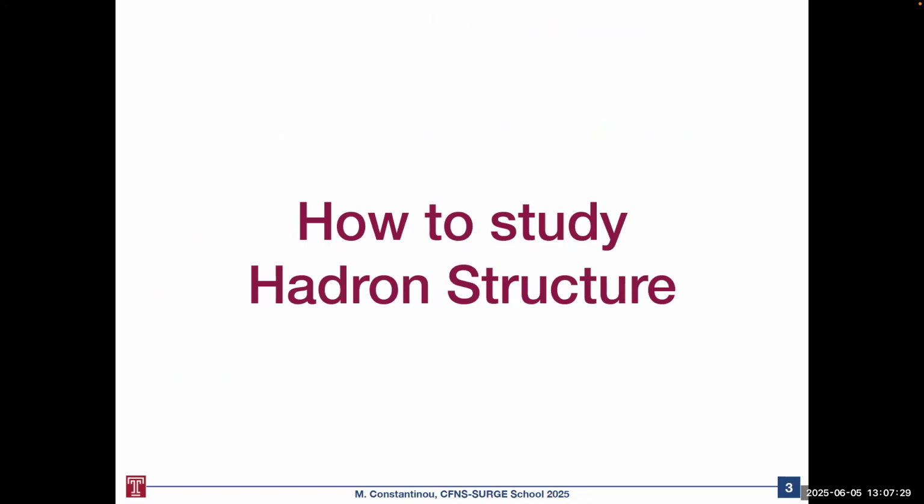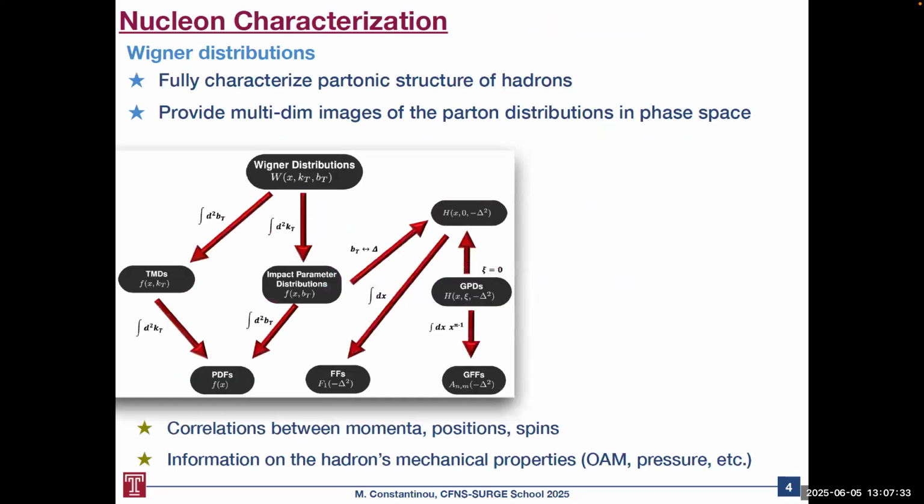Okay, so how do we study hadron structure? I want to extend where I left last time with the diagrams. From the physics side, also Yoshitaka talked about distribution functions, PDFs, GPDs, TMDs. These are different classifications of the partonic content of hadrons. What I want to emphasize is these arrows you see here.